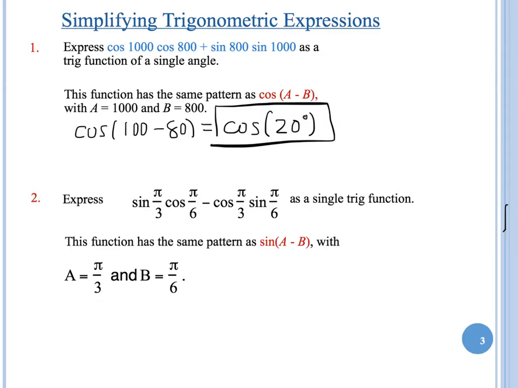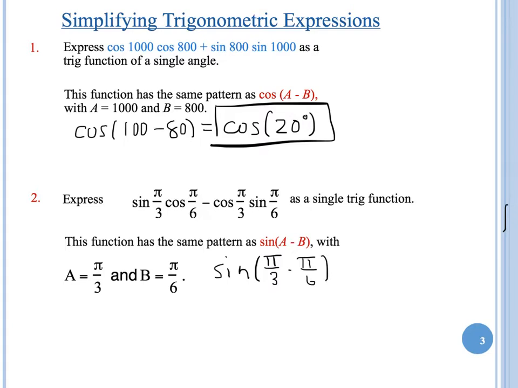In number 2, we have sine, cosine, cosine, sine. So that is a sine pattern, and when it has subtraction with sine, that is truly a sine subtraction of 2 angles. And so we're going to say that this is sine of pi over 3 minus pi over 6.